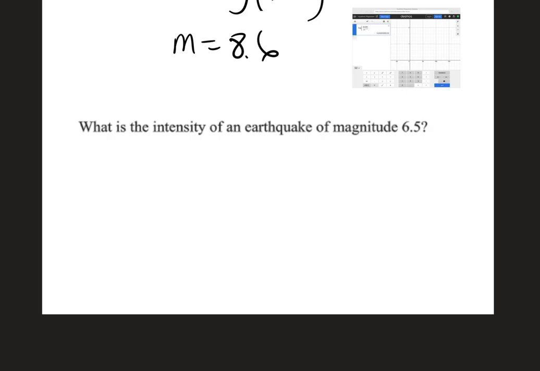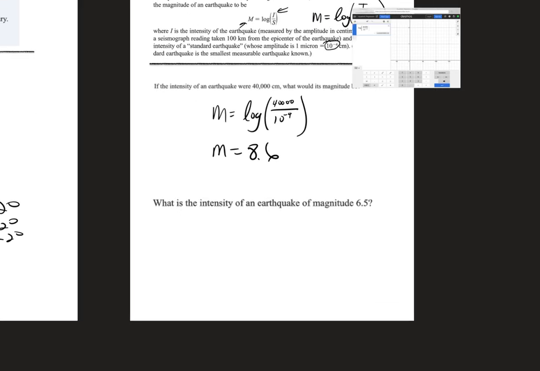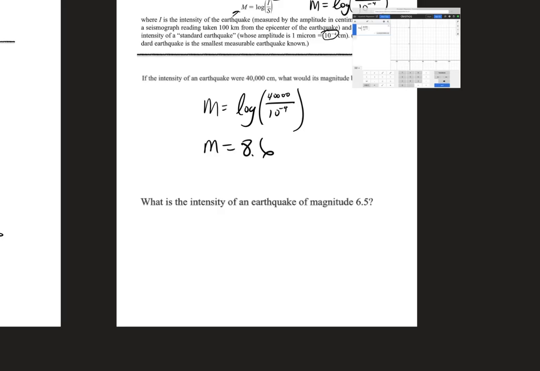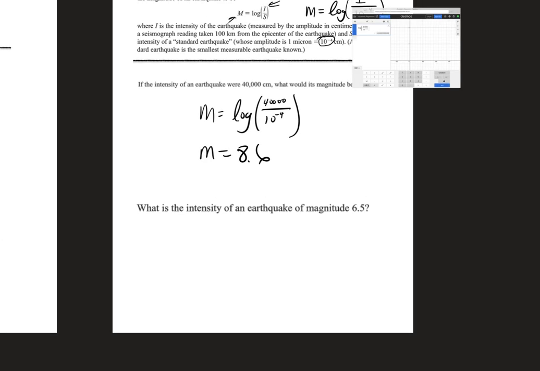This next question is a little different because they give you the magnitude and ask you for the intensity. So when I plug my numbers in, it's going to look like 6.5 equals the log of intensity, I, over 10 to the power of negative 4.